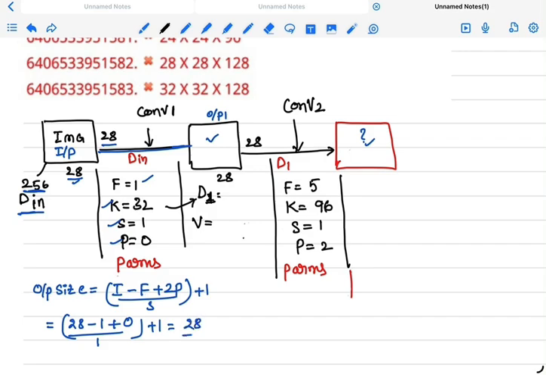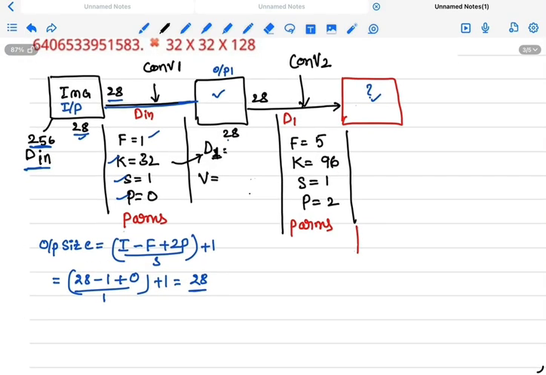So the output is 28. Generally width and height are both the same, so W equals H equals 28. After the first convolution layer, the output depth D1 becomes k, the number of kernels, 32. So the output dimensions are 28 cross 28 cross 32, where D1 is 32, the number of kernels.